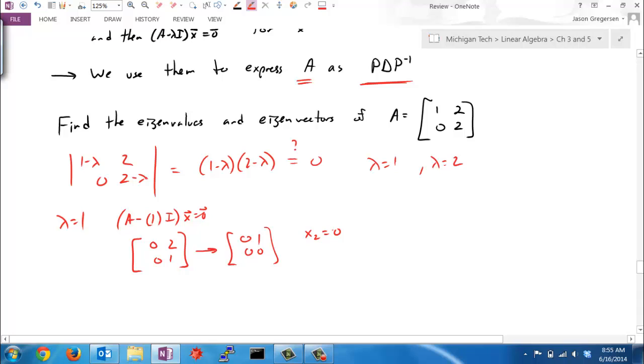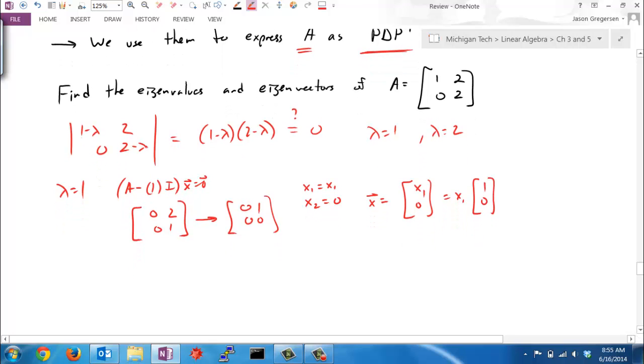And what about x1? What is x1 equal to? x1, that's our free variable in this case. So then my solutions in this case look like x1 and 0, or x1 times (1, 0). Right, so an eigenvector in this case is any multiple of (1, 0).